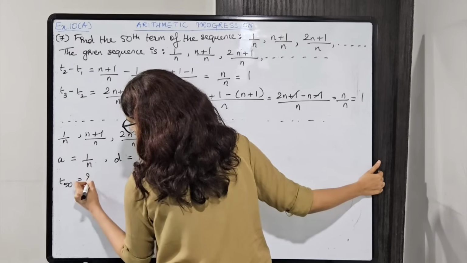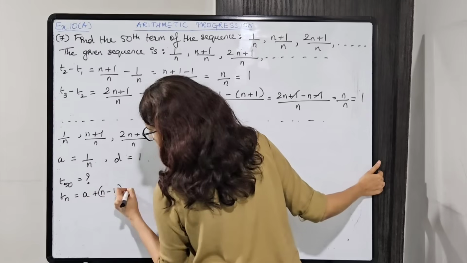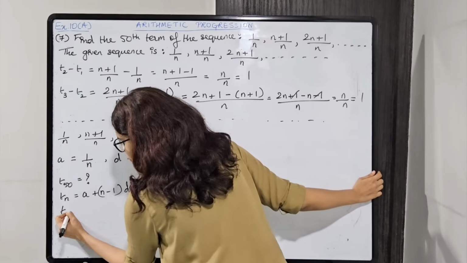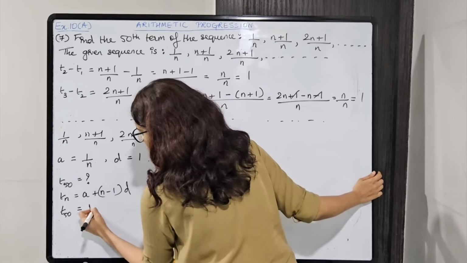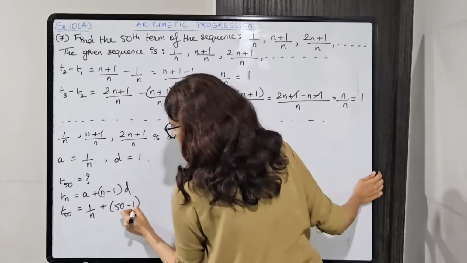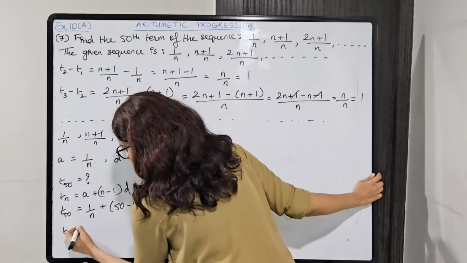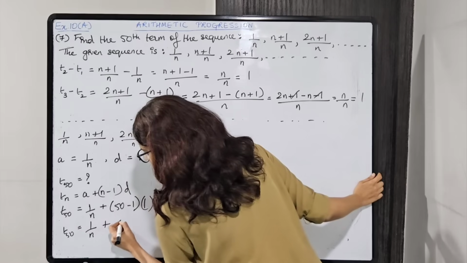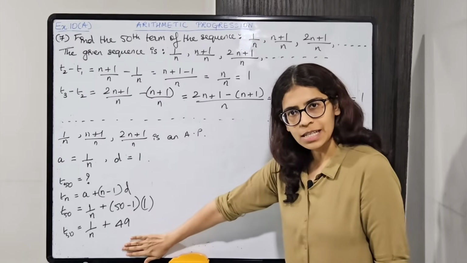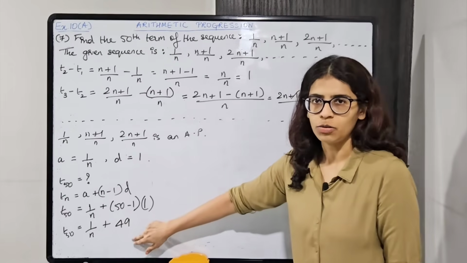We need to find T50. Tn is A plus n minus 1 D. Always write down the formula first. T50 will be 1 by n plus 50 minus 1, D is 1. So this will give 1 by n plus 49 into 1, which gives 49. You can keep this as it is, or take the LCM, that is take n as common denominator.